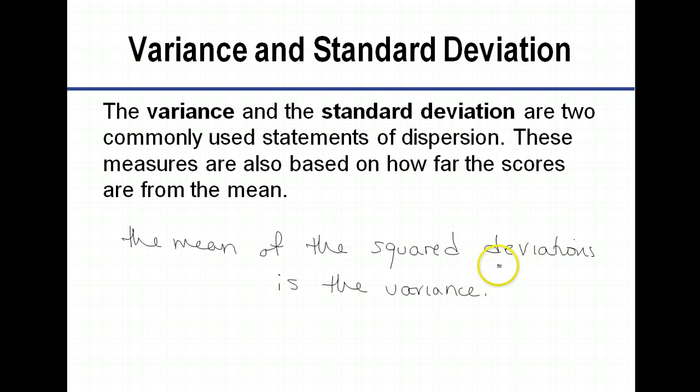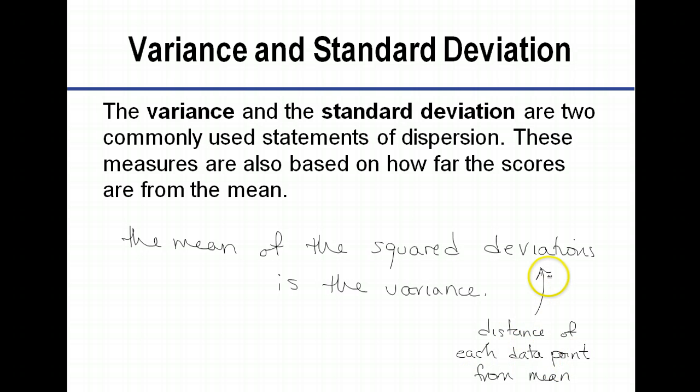Okay, and we've talked about deviations when we were talking about mean average deviation, right? So deviations, remember, just means how far away each data point is from the mean, right? So distance of each data point from the mean.